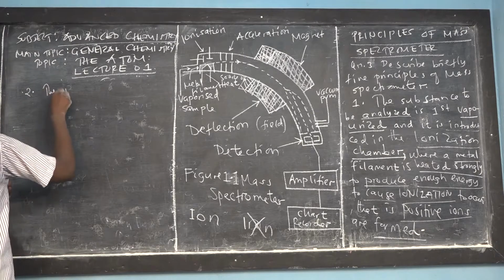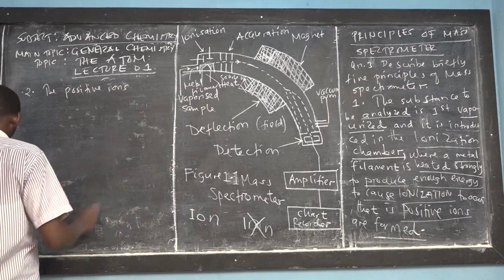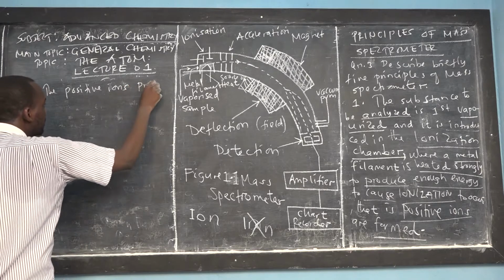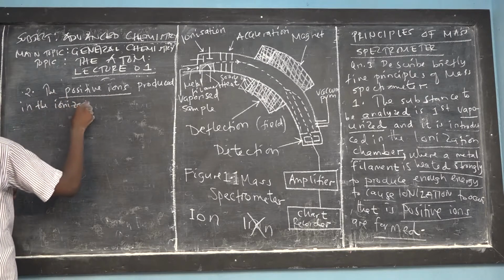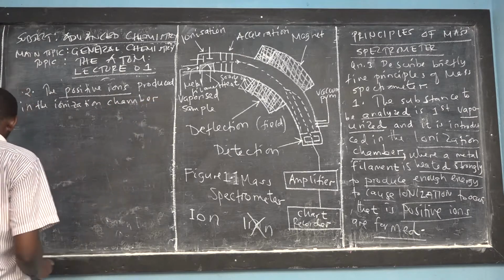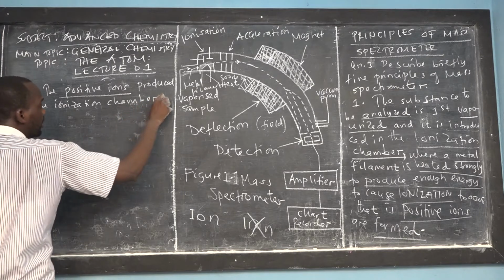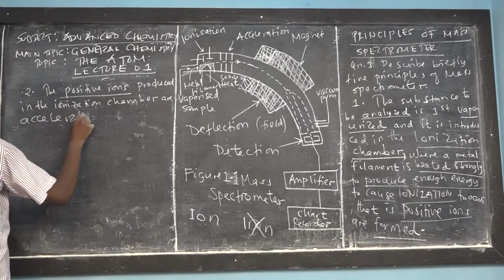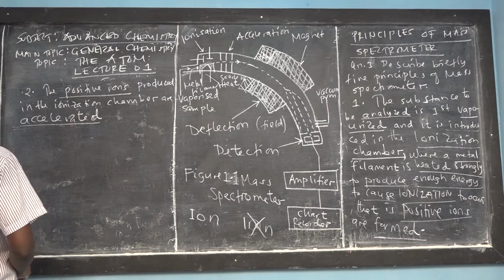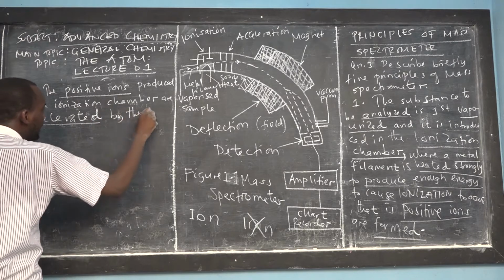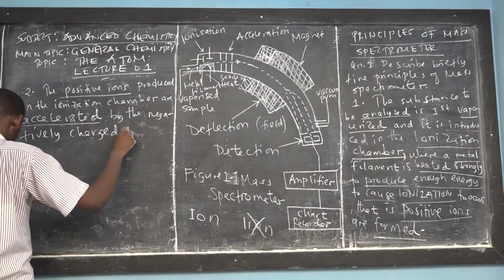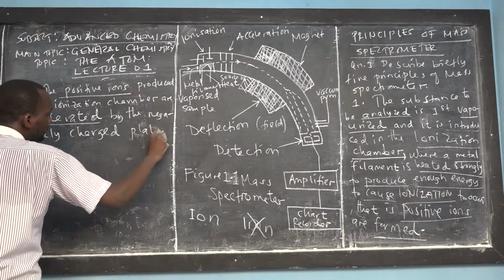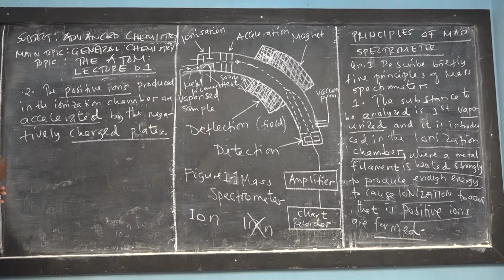The second principle is this. The positive ions produced in the ionization chamber are accelerated now by the negatively charged plates. Where are the negatively charged plates?